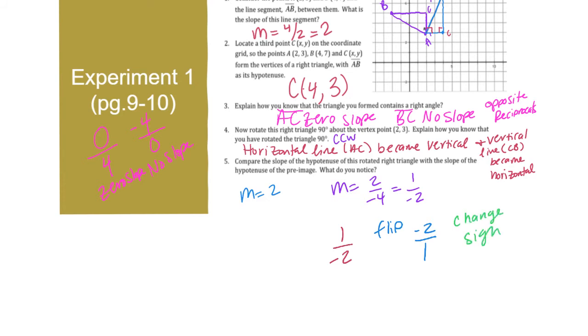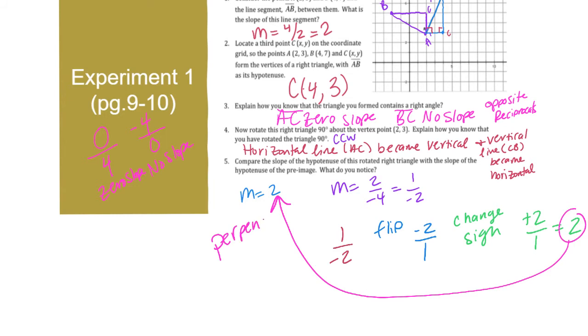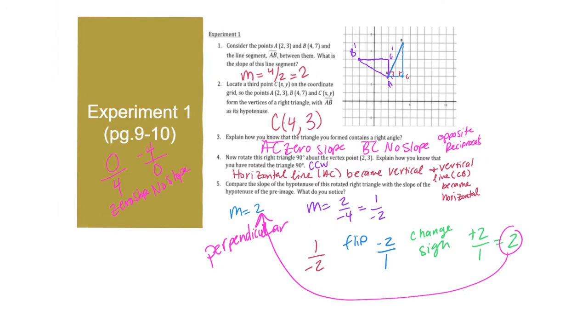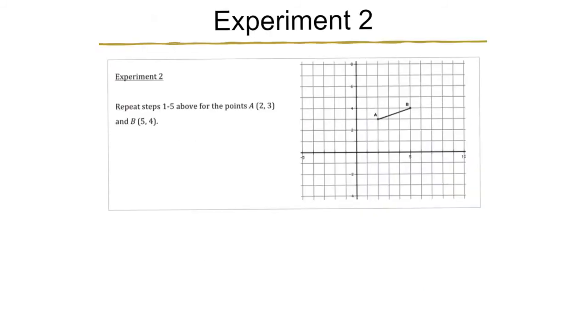So it becomes not -2, +2 over 1, which is the same thing as 2. And if they match, then these are perpendicular. Hopefully this makes sense. You are going to need to do these same 5 steps on the next ones. I will walk you through it so that hopefully you will do well on that one as well.